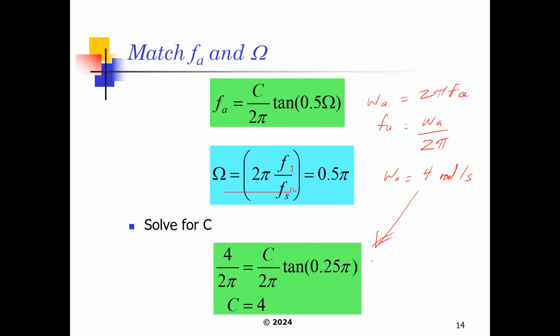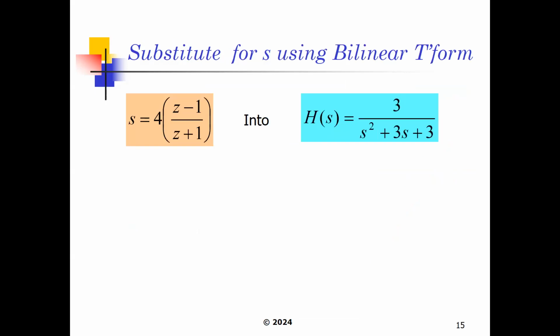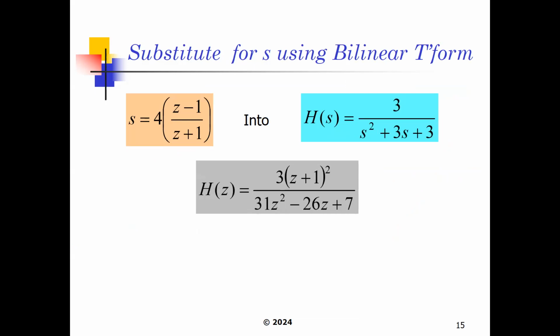So C is 4. So therefore, the transform now is S is equal to 4 times Z minus 1 over Z plus 1, and you plug that in inside of here. Plug it in, expand. Of course, you will do this. So this is pure algebra from this point.